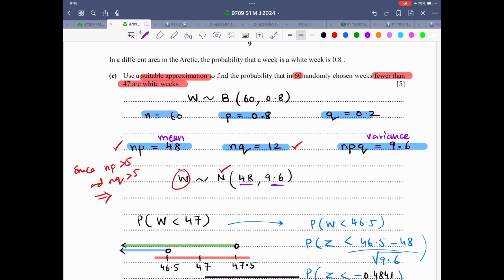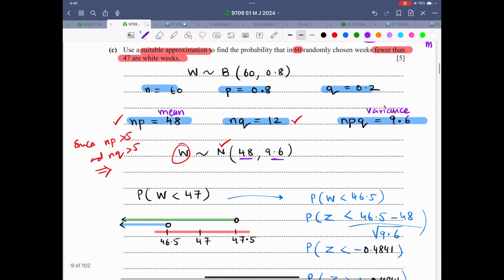That thing is done. Now don't forget continuity correction. Whenever we change from binomial to normal in S1, and later on in S2 we would be studying Poisson distribution and other things, CLT, central limit theorem and so on. So such things would come into play. Maybe they would, maybe they won't. Let's see, and let's wait until S2.